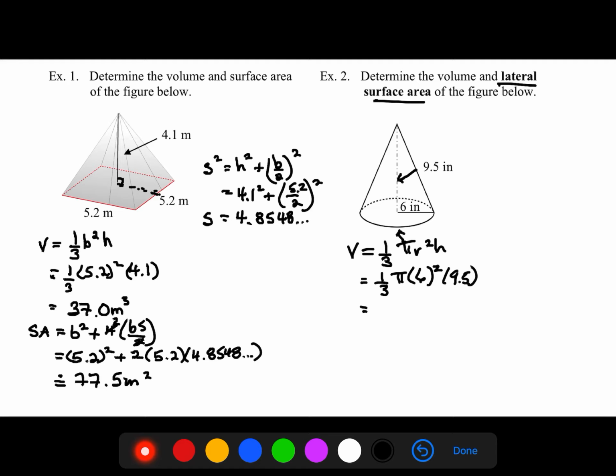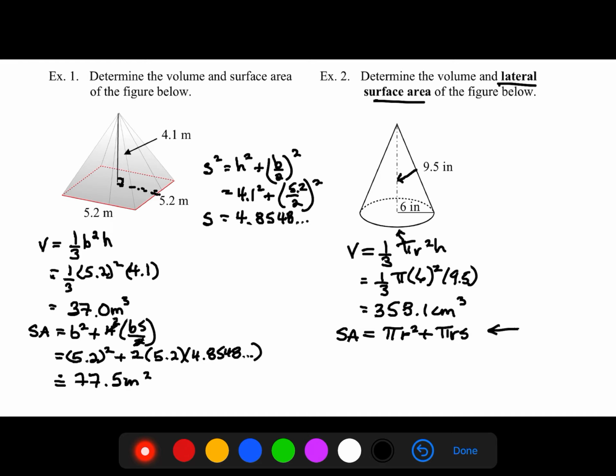And when we do that, again, your choice of what order you want to put that into your calculator: 1 divided by 3 times pi using your pi button times 6 squared times 9.5. And when we do that, we get 358.1 centimeters cubed.